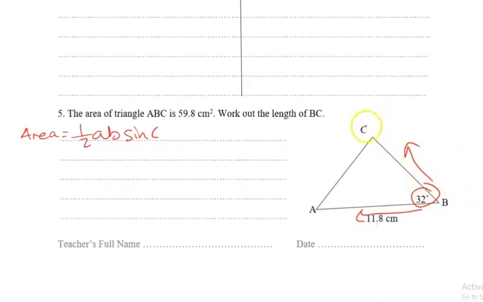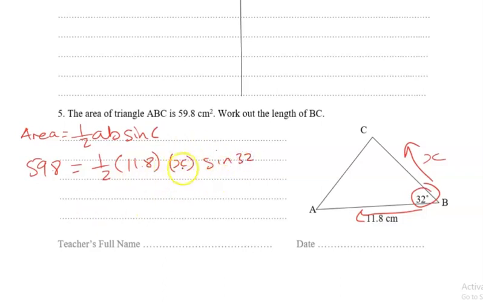So BC is one of the adjacent sides. So let's label it as X. So area, we can replace it with 59.8, and that's going to equal 1/2 times A, 11.8, times X, and sine 32.